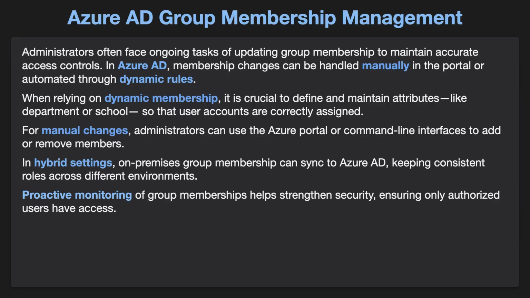For manual changes, administrators can use the Azure portal or command line interfaces to add or remove members. In hybrid settings, on-premises group membership can sync to Azure AD, keeping consistent roles across different environments. Proactive monitoring of group memberships helps strengthen security, ensuring only authorized users have access.